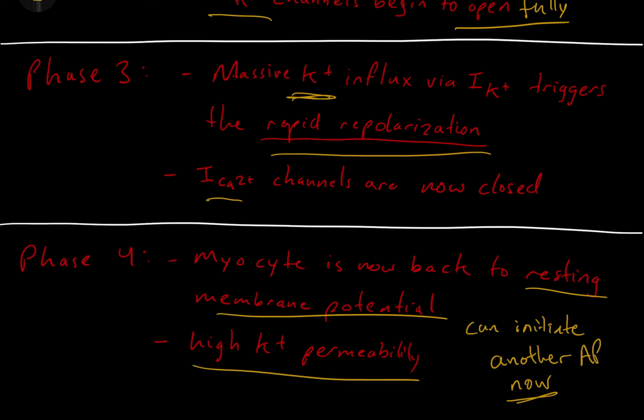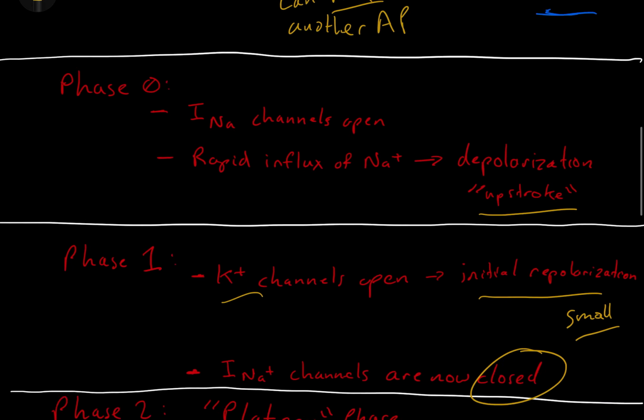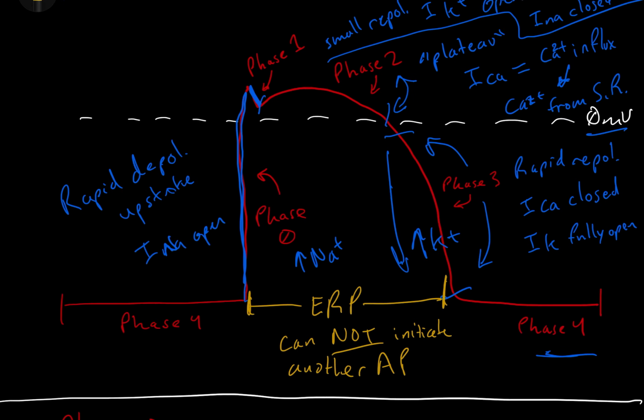And you also have a high potassium permeability in this portion so that we can make sure that it stays down there until we need to get another one. And then just to go back up here, remember that phase 4 exists until we hit the portion that the INA channels open, and then the whole process goes back to what we started from.